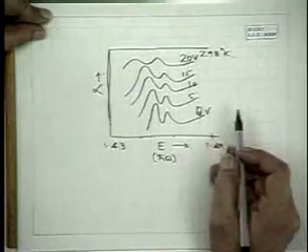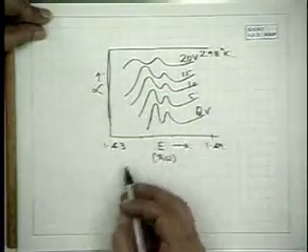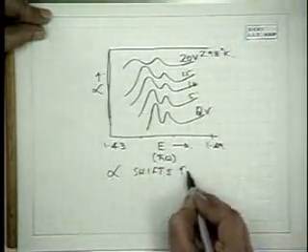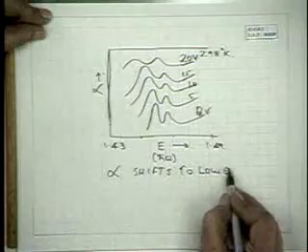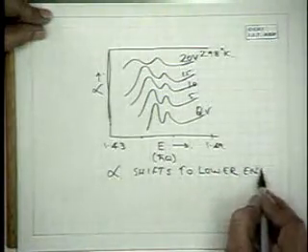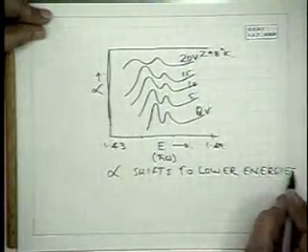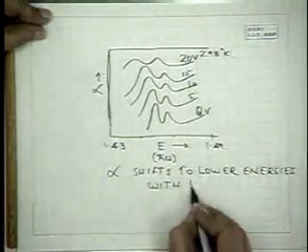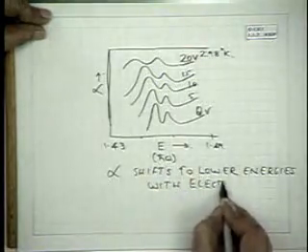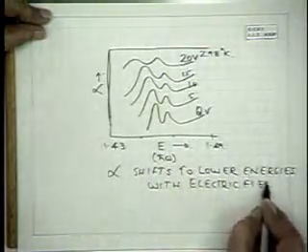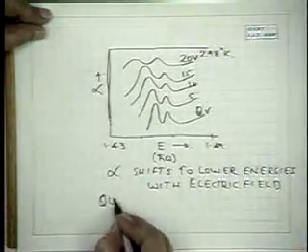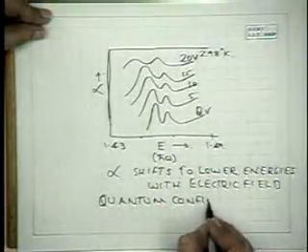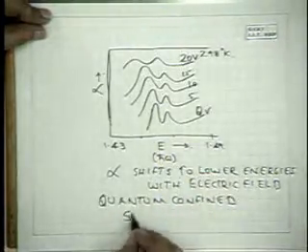So there is a strong shift, alpha shifts to lower energies with electric field, and this is known as the quantum confined Stark effect.